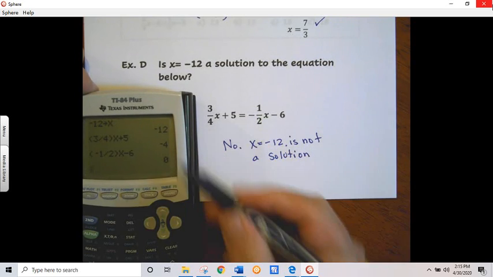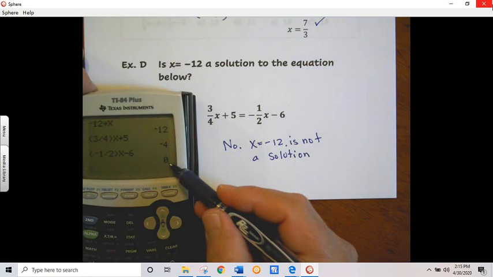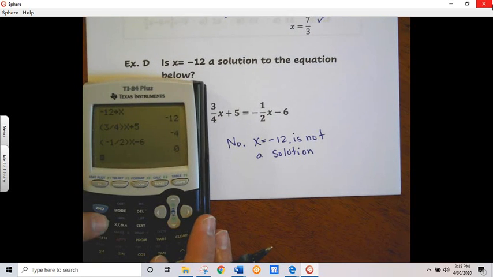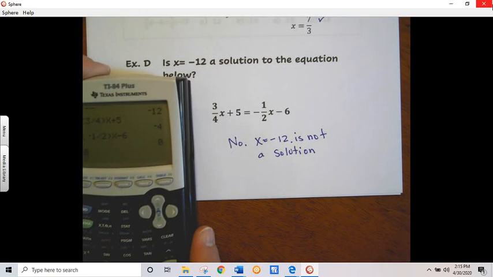We should have gotten equal amounts when we did that. Okay, so if you've got a newer operating system, you can go alpha, F1, and hit enter, and then you can type your fractions, and that might be a little bit easier way to do it for you.